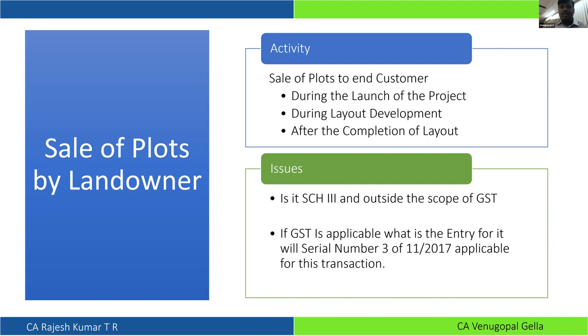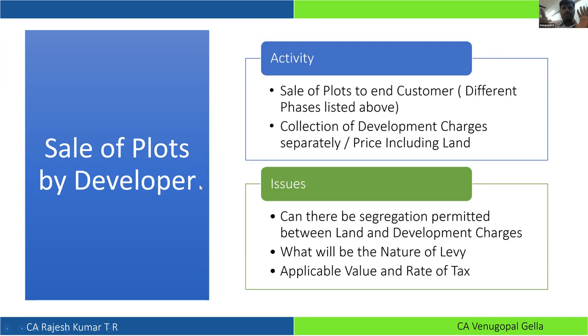What am I selling to the end customer? The answer which I'm explaining here would be applicable to the landowner, or to plots that are being sold by the developer. I'm now answering the next leg of the question.